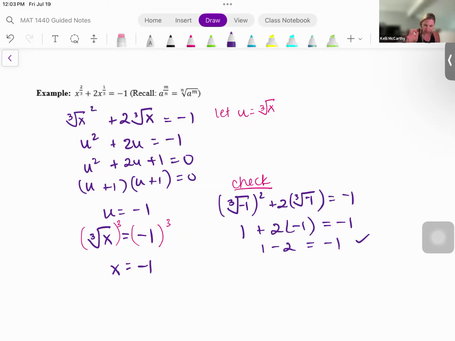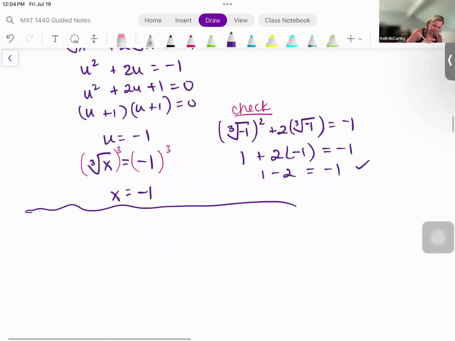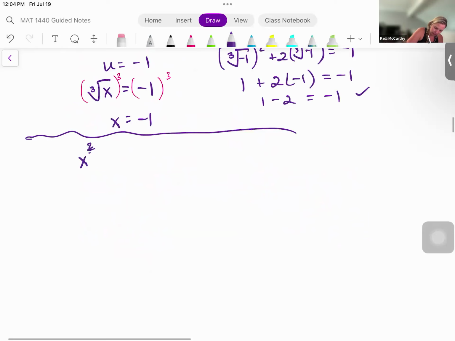And I want to go ahead and show this problem set up a different way, because it was initially where my head went when I saw this problem during the video, but looking at my notes, I solved it the other way. So I want to illustrate both methods, just depending on what you're thinking at the given moment. So our equation was x to the 2/3 plus 2x to the 1/3 equals -1.